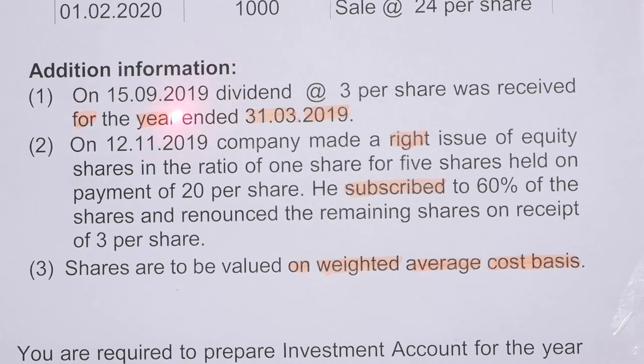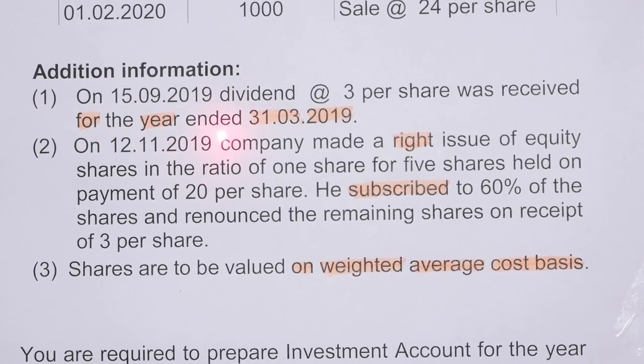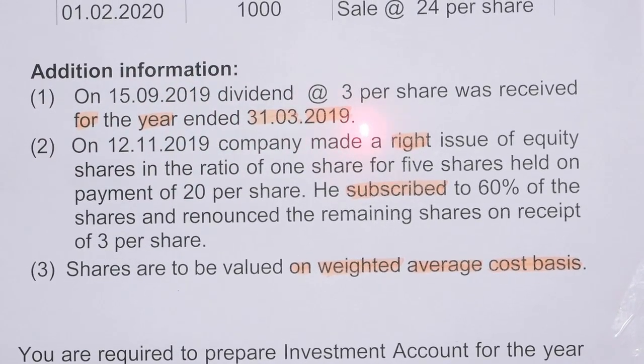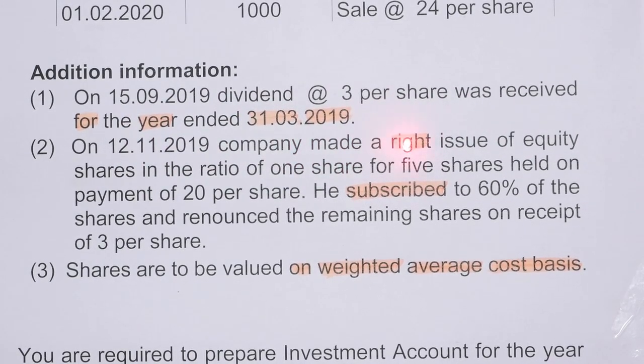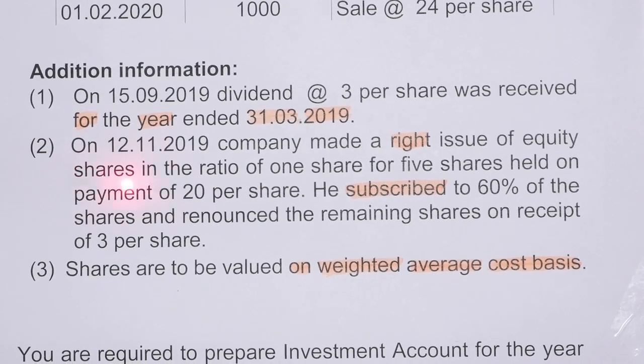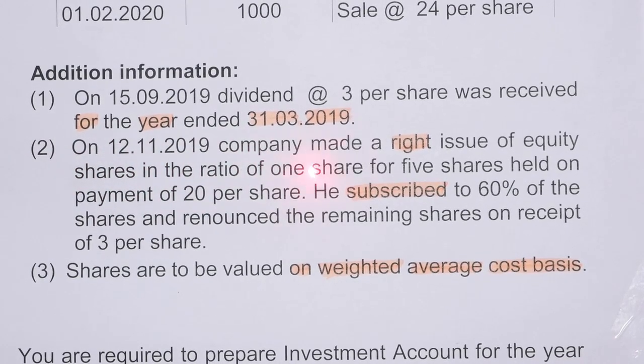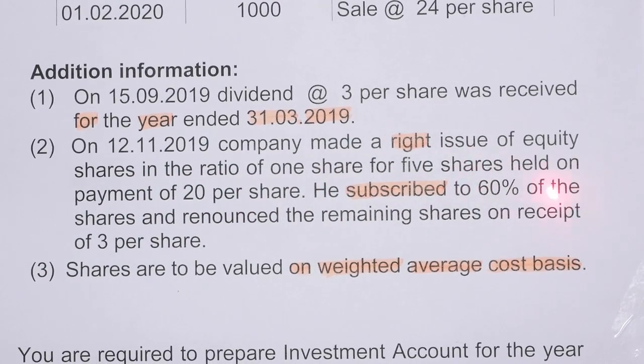Additional information: on 15th September 2019, dividend at the rate of 3 per share was received for the year ended 31st March 2019. And on 12th November 2019, the company made a rights issue of equity shares in the ratio of 1 share for 5 shares held on payment of rupees 20 per share.